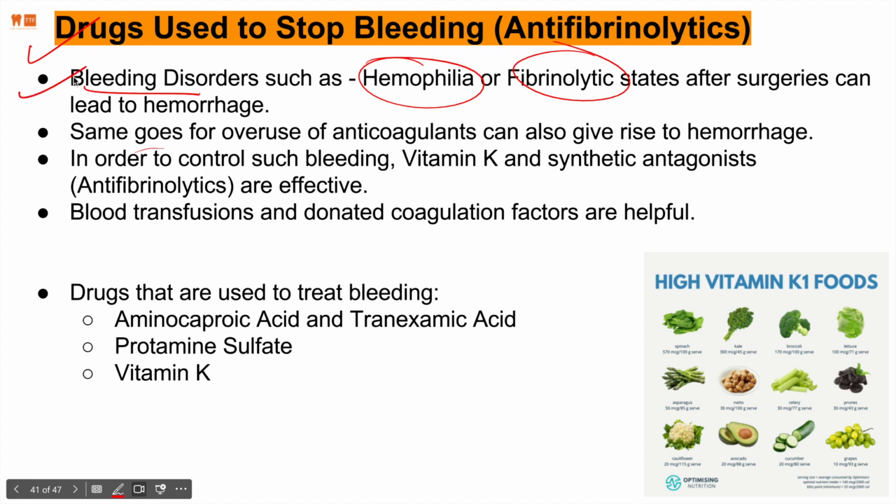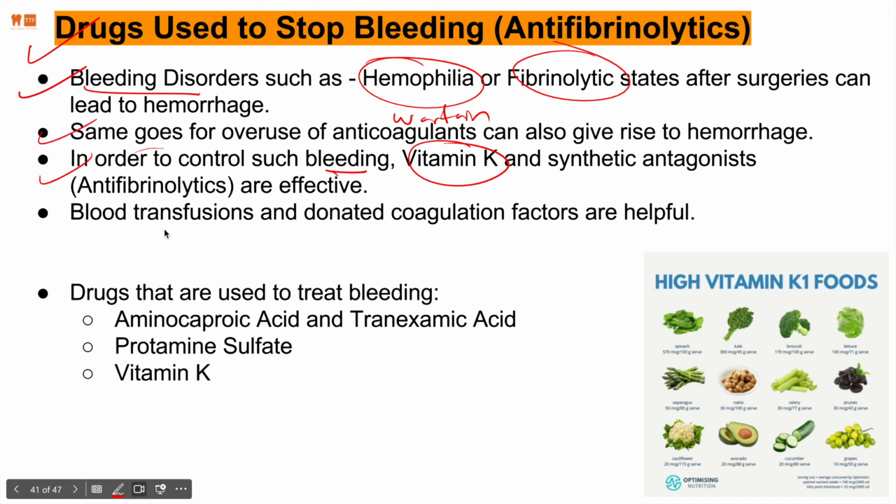Same goes for the overuse of anticoagulants, right? For example, warfarin overuse is reversed by vitamin K. In order to control bleeding, vitamin K and synthetic antagonists such as antifibrinolytics are effective.